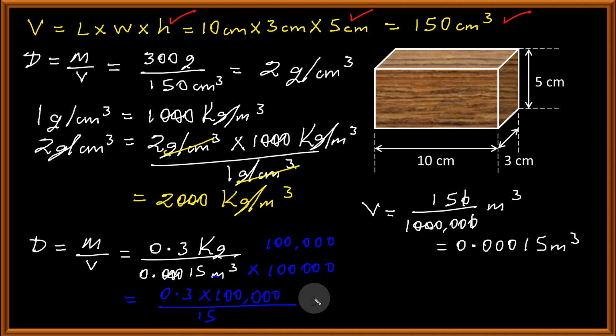And when we do that, 0.3 times 100,000 will give us 30,000. And remember, this is kilograms and this is meters cubed. So it will give us 30,000 kilograms divided by 15 meters cubed. And when you manipulate this figure, you're going to get 2,000 kilograms per meters cubed.